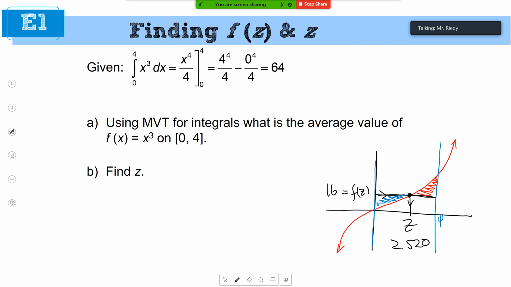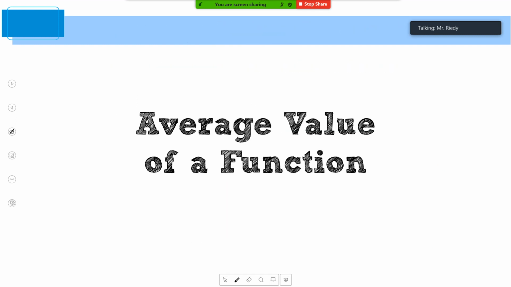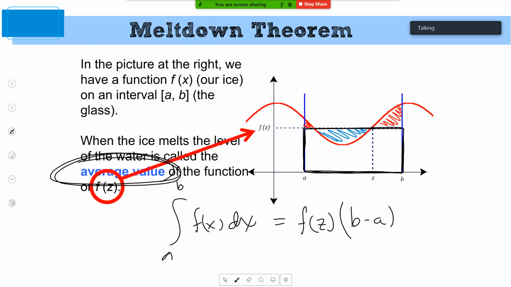Okay. Now, there is some strangeness that could happen. And what do I mean by strangeness? Well, if I go all the way back to the beginning with my first picture, clean out this mess, it is possible you could get 2 z values. I got a z value here, I got a z value here. It's also possible that you could get a lot more z values. But some of those z values might not be in the interval.